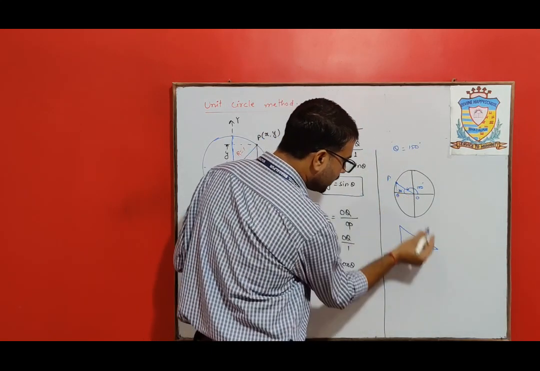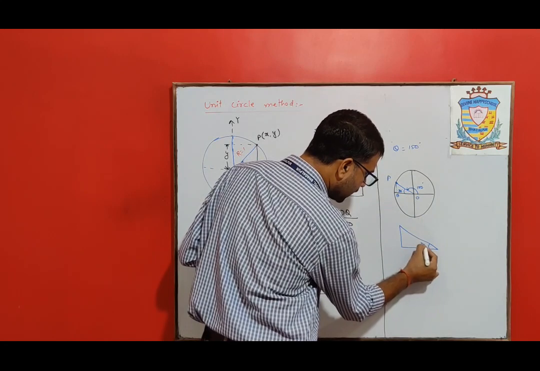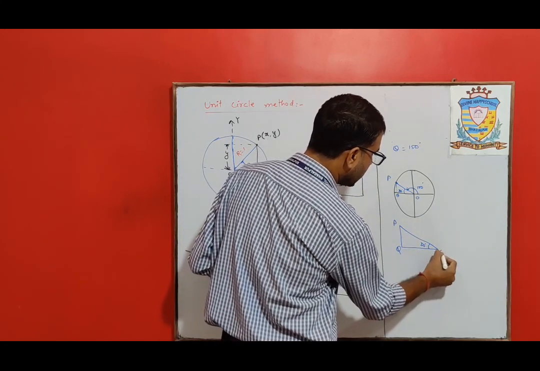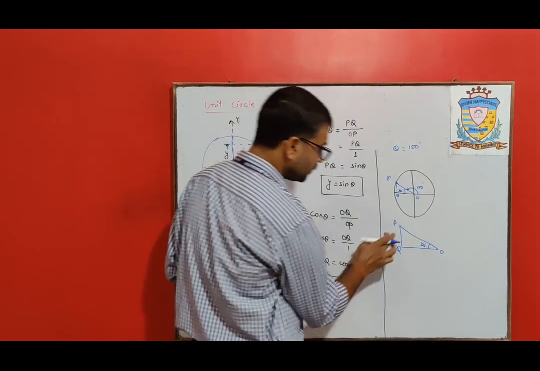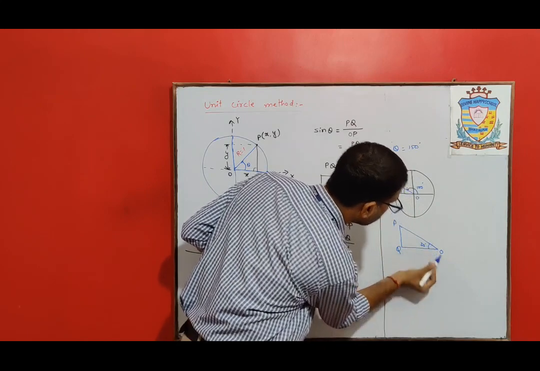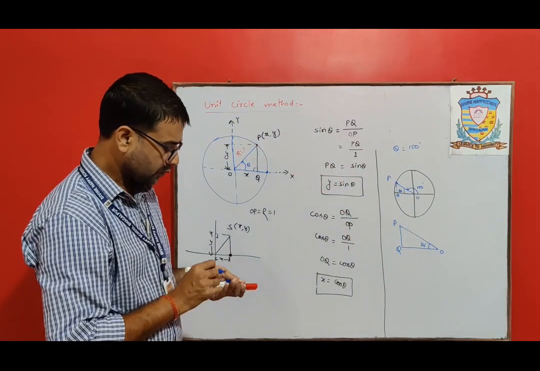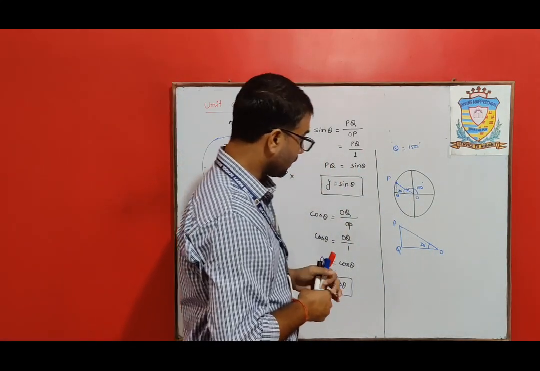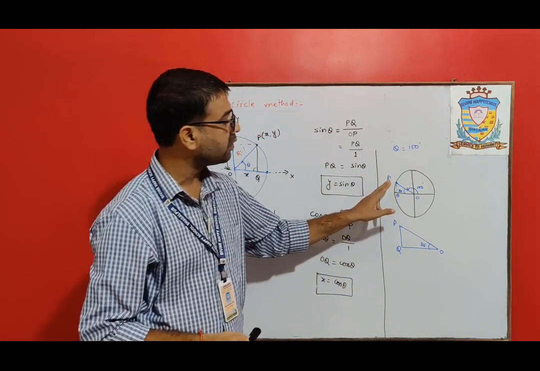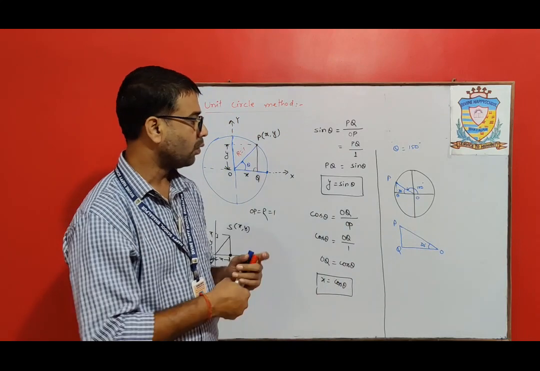Clear? Now considering this part, let the angle be 30 degree. Here is the point P, here is Q, here is O. Clear? So now we have to find out the coordinate of point P, that is x and y.